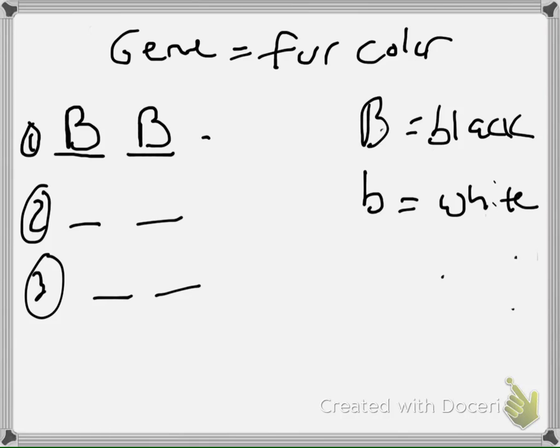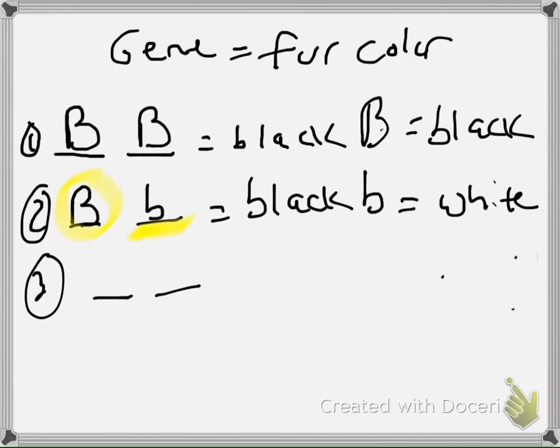So this will be a black bunny. You can also have a black bunny if one of the alleles is black and the other one is white, because remember this strong one right here, this dominant one, is going to overpower the recessive trait. So you're only going to see the dominant alleles. So this will also be a black bunny.